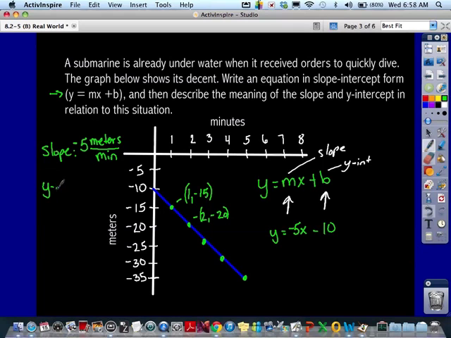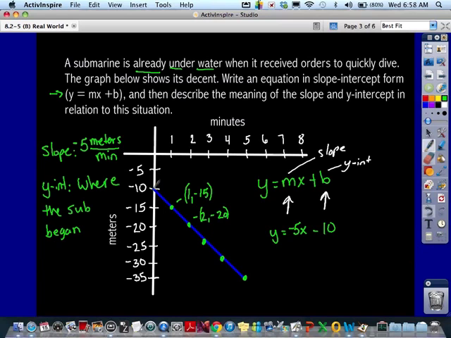The y-intercept simply is where the sub, I should write that where first, where the sub started, or began, I'll say. Because it said a submarine is already underwater.